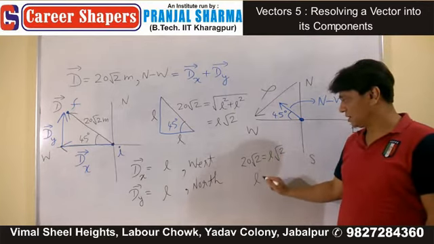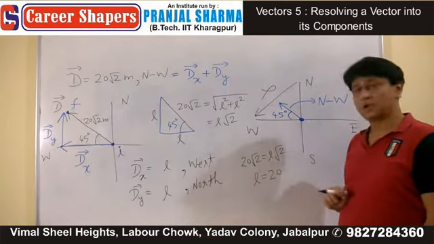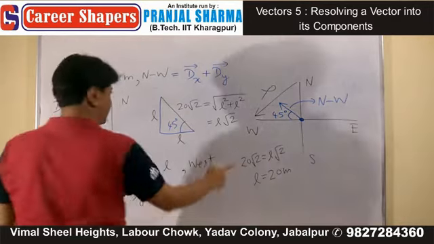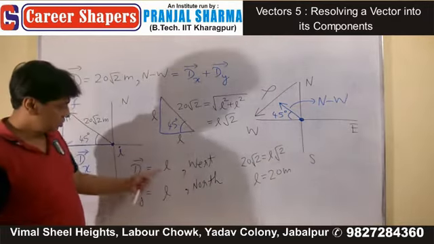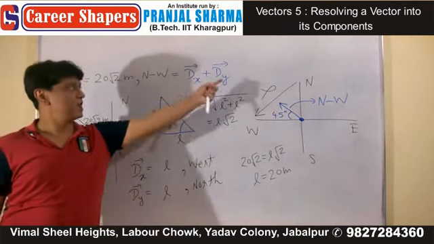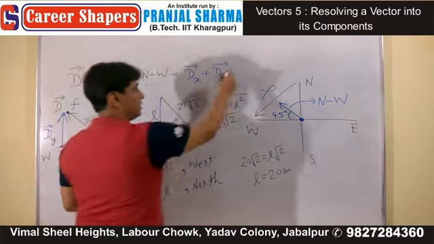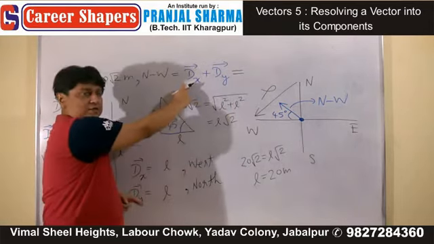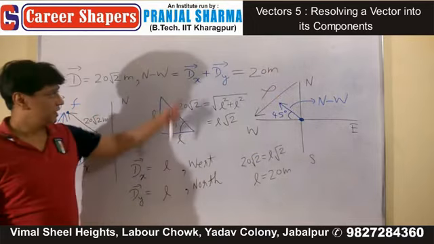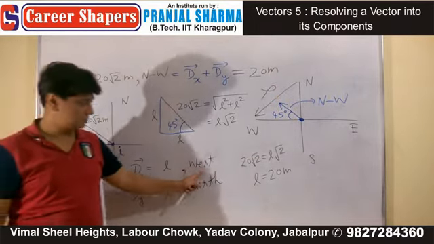Root 2 cancels. Your L is coming 20 meters. That means you got this L and this L as 20 meters. And finally you can put it over here. What is dx? Dx is 20 meters west.